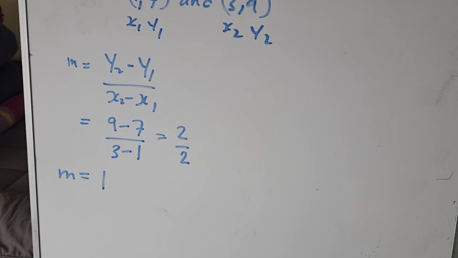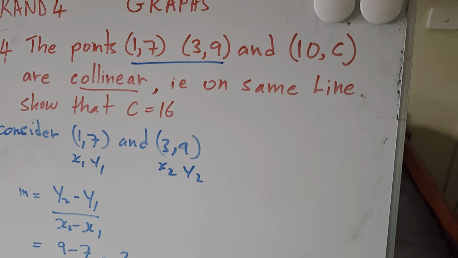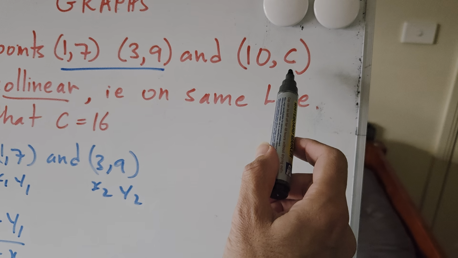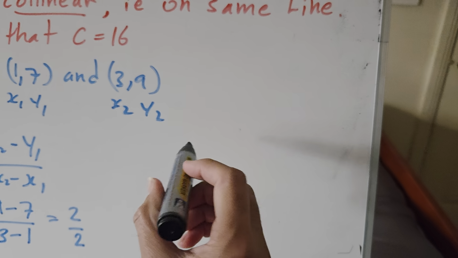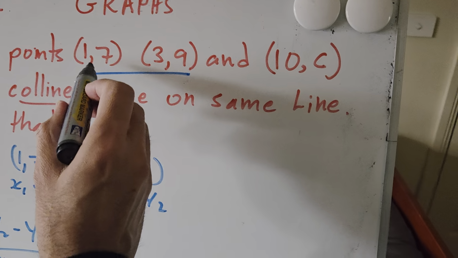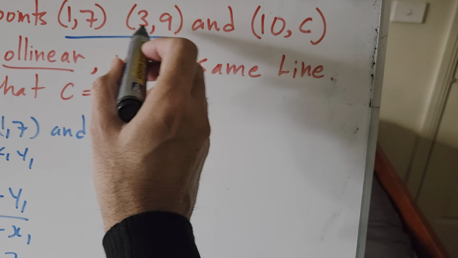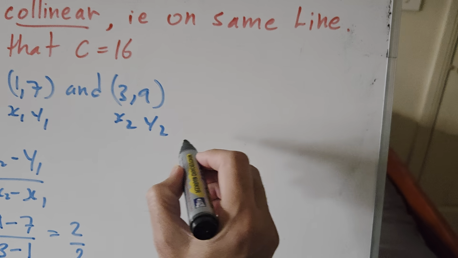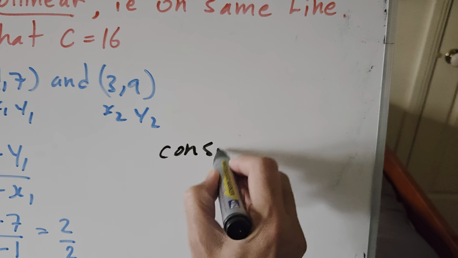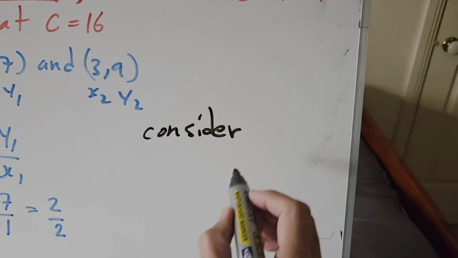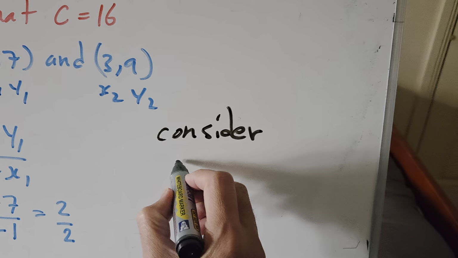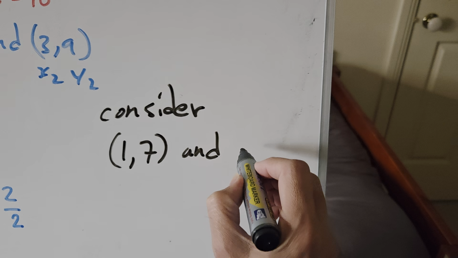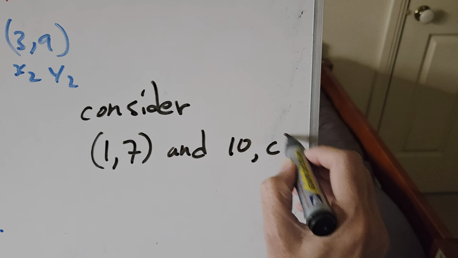Since we have found the gradient, now take any other point and this one over here to calculate the value of C. You can use either the first one or the second one. Let's use the first one because 9 is a big number. So consider the two points (1, 7) and (10, C).